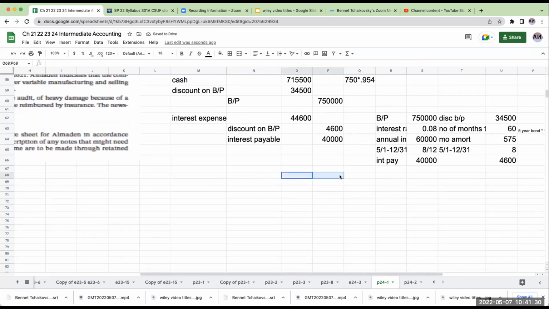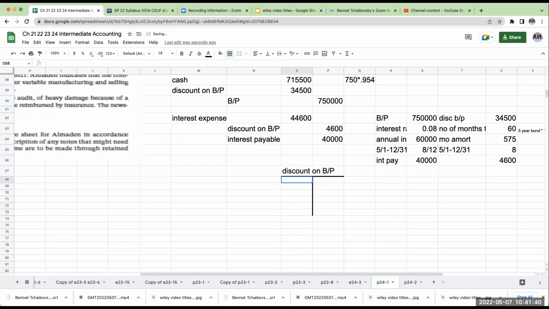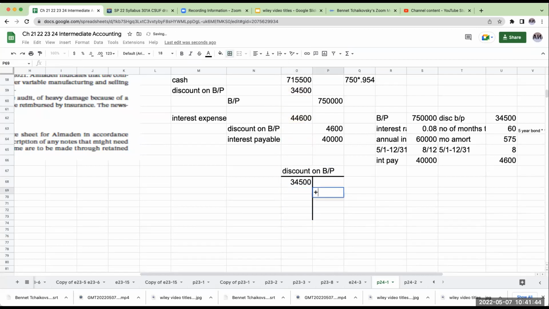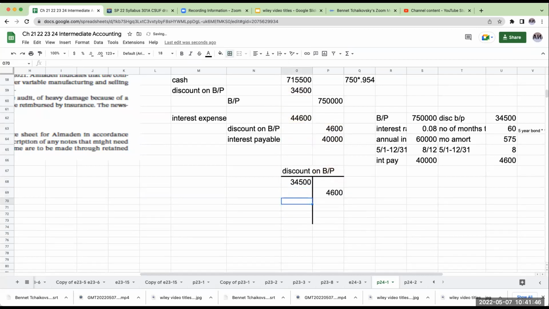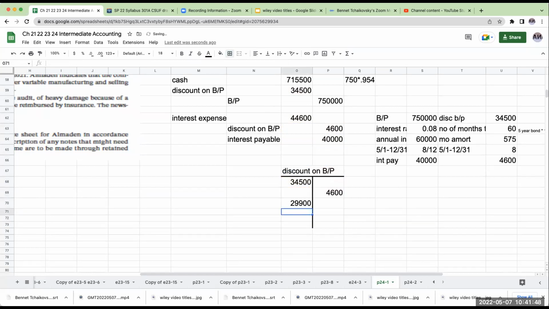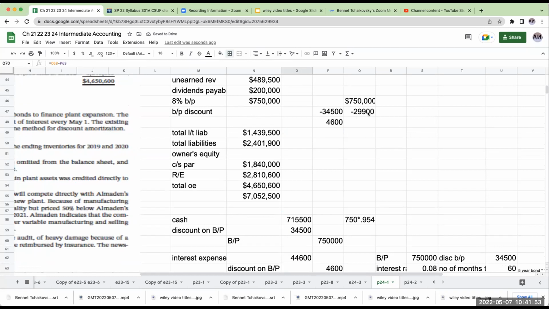If you think about it, my discount on bonds payable when I issued the bond on May 1st was 34,500. I amortize this by 4,600, and I get 29,900. So that's my new amount of my bond payable discount.